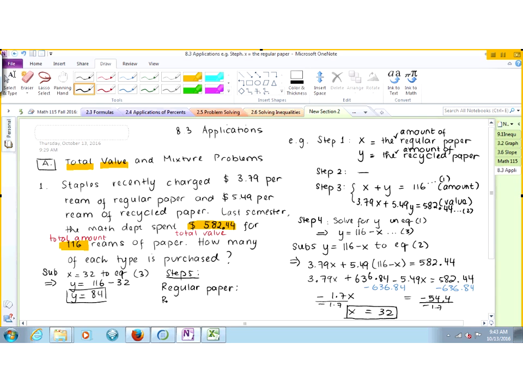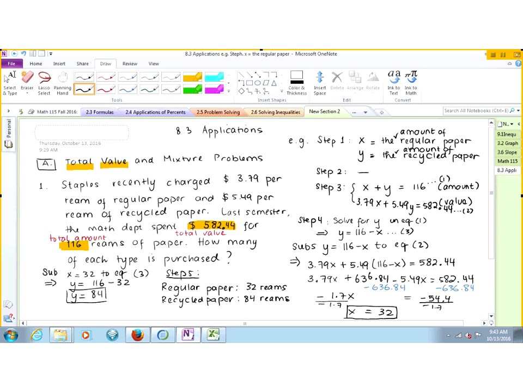So regular paper, how many reams? And then recycled paper, how many reams? That's it. Regular, how many? 32. And then recycled, 84. Yeah? All right.